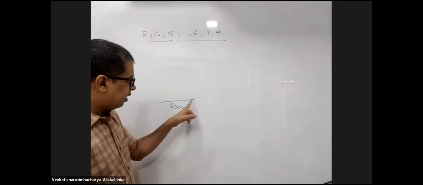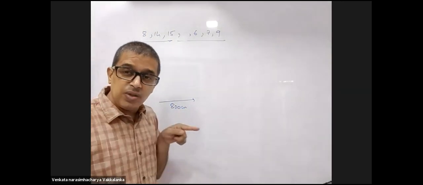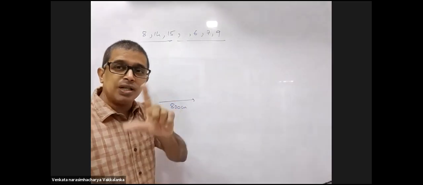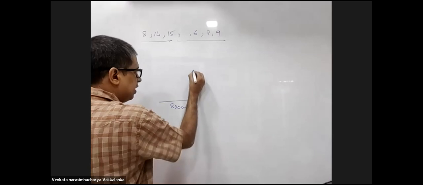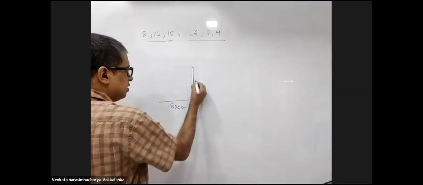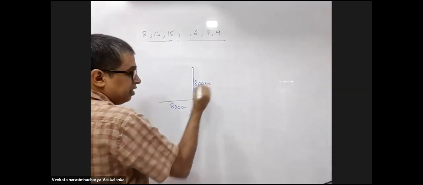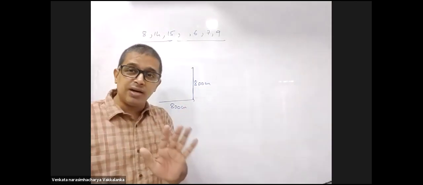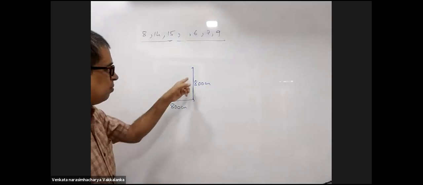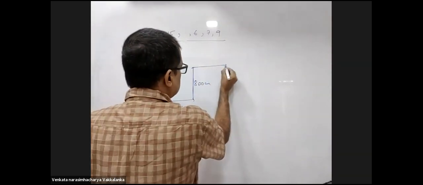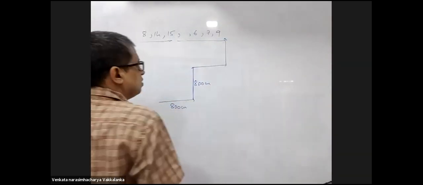So he moves in one direction 10 steps, meaning 800 centimeters. Then he arbitrarily turns by 90 degrees, covers another 800 centimeters. How much does he cover in total? 40 steps. That means this is 10 steps, this is 10 steps, this is 10 steps, this is 10 steps.